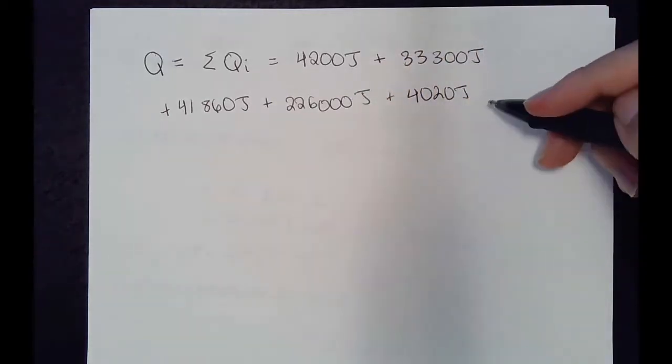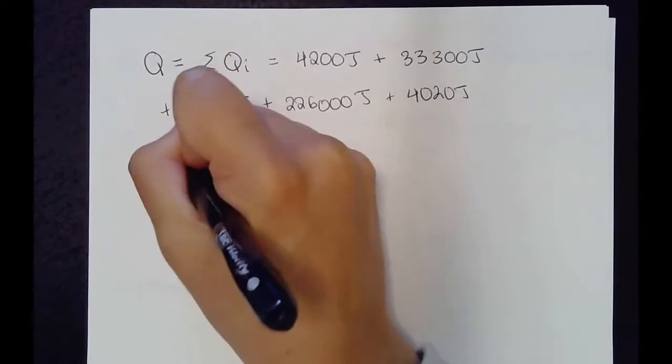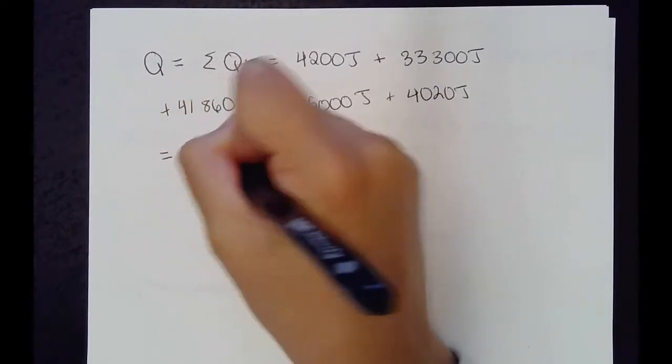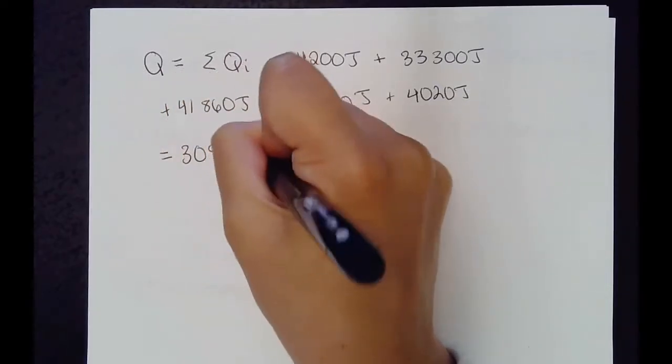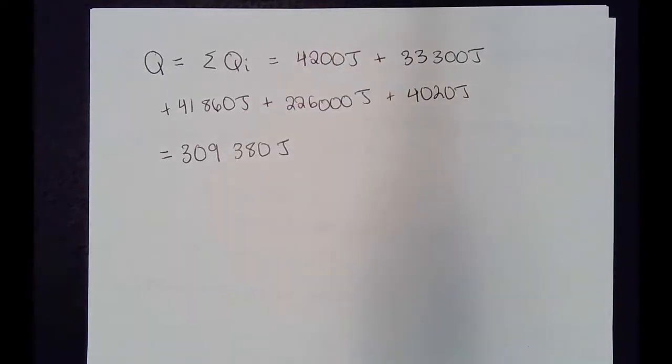And that's all 5 terms we're adding up to give a total energy required of 309,380 joules, which is the energy required to melt that ice from the freezer at negative 20 degrees and then eventually convert it into steam at 120 degrees.